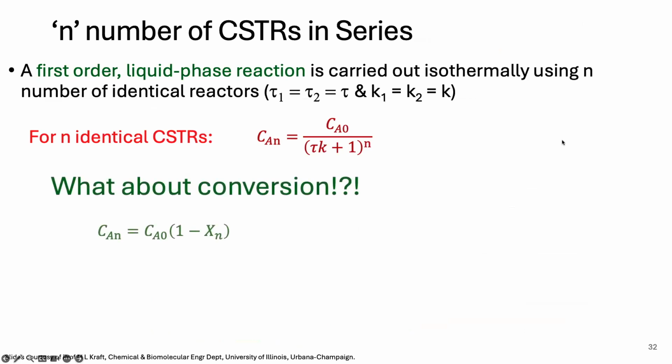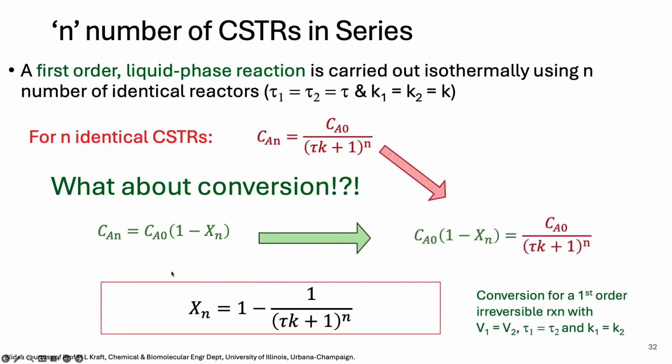Typically, we want to know what is the overall conversion for the exit stream of our process. Well, we can then substitute in an expression describing that. And when we do that, we can see this nice closed expression to describe the final conversion leaving the nth reactor as a function of the number of reactors in series.